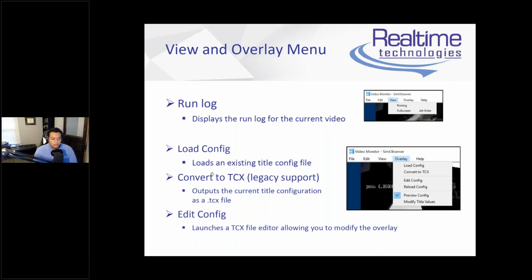This allows you to load a TCX file or TCF file, and then you can also convert a TCF file to a TCX. Since you are not going to use TCF files or any legacy files since you're making this from scratch, we'll go through being able to edit your own TCX file and what that looks like.